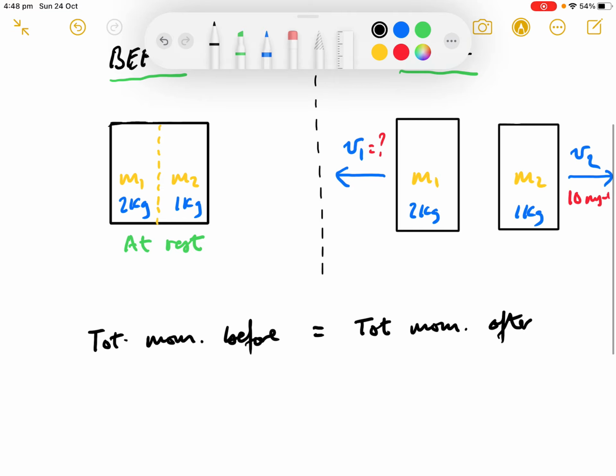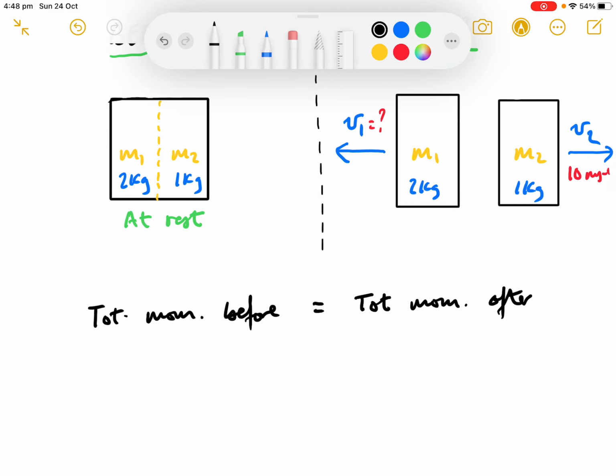momentum after. The law of conservation of momentum can never be breached in the absence of external forces. And there aren't any external forces here. All the forces involved originate in the explosive charge and the chemicals within the body itself. So these are internal. Well, before the explosion, there is clearly zero momentum because the body is at rest.